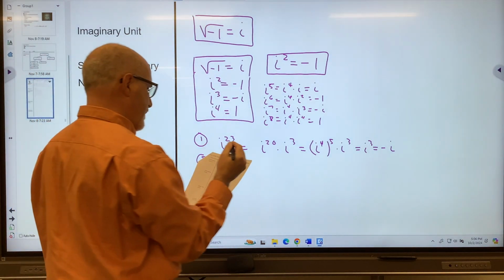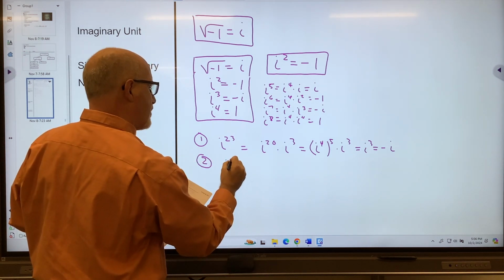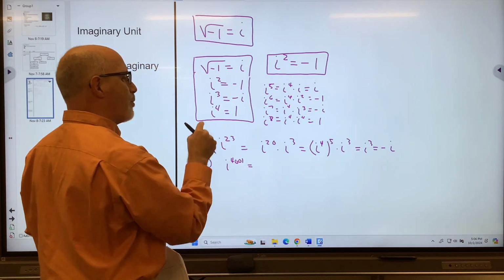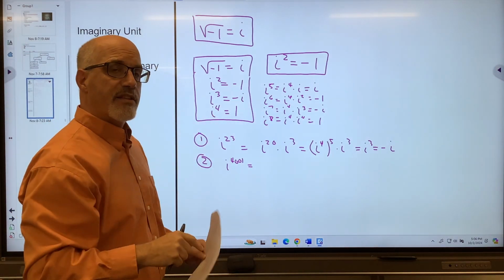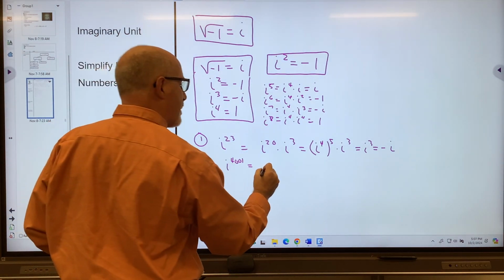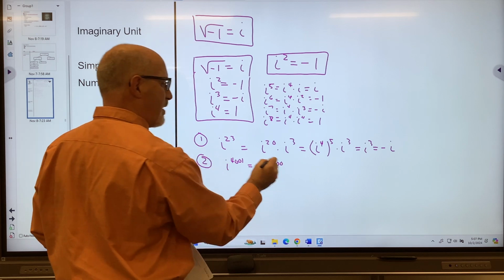Let's try another one. What is i to the 4001 power? Well, again, I really want to focus on that i to the fourth power because that is equal to 1. So what I'm going to do is separate this out and make this i to the 4000, why 4000?